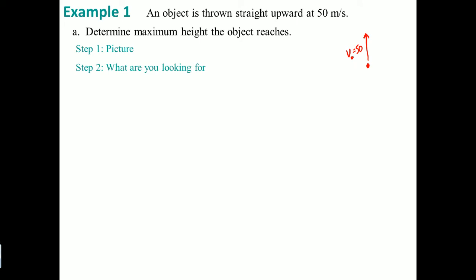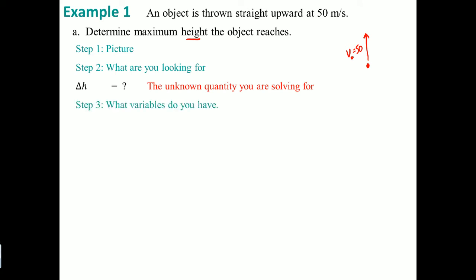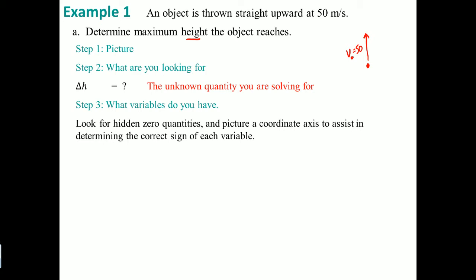Look for what you're looking for. It says determine the maximum height, so here they're looking for delta h, which is your maximum height. What variables do you have? Make sure you look for the hidden zeros and use the picture and the coordinates to assist in determining the correct values. So delta y, or h, is our question mark. V naught equals 50 meters per second, which was given.